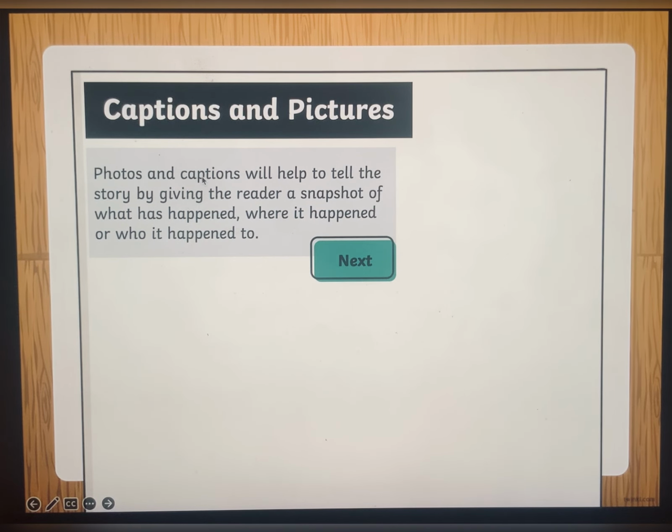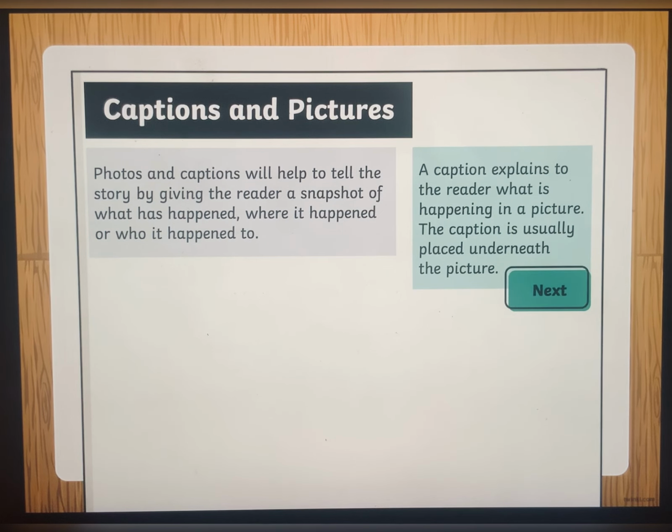Why? Because this caption will help you to tell the story by giving the reader a snapshot of what has happened, where it has happened, or who it happened to. Isn't it? As we love to see our pictures, even in the news, the picture is of prime importance. A caption explains to the reader what is happening in a picture.